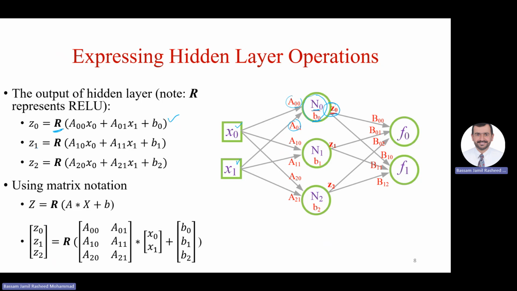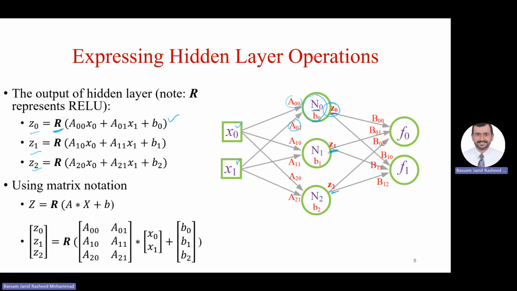Similarly for Z1 and Z2. By the way, if you have trouble understanding these equations, please review the earlier lectures regarding the inference and forward evaluation of the neural network and also the training of the neural network. I'm assuming that you have listened to those videos and you understand these equations. Now, those are these outputs right here.